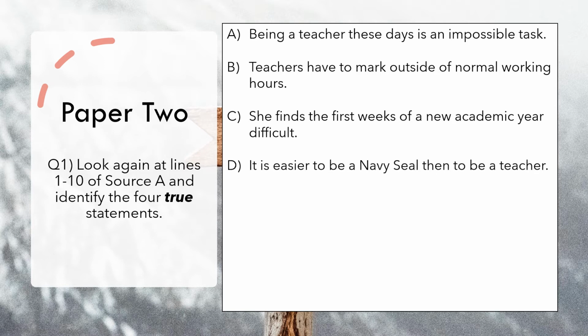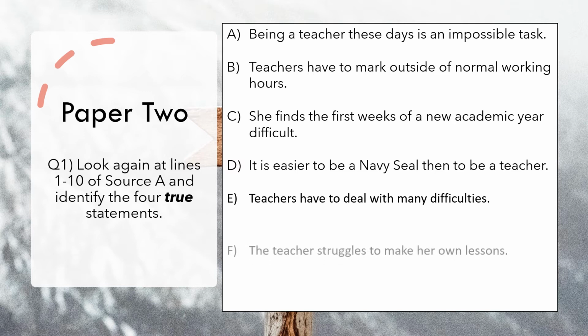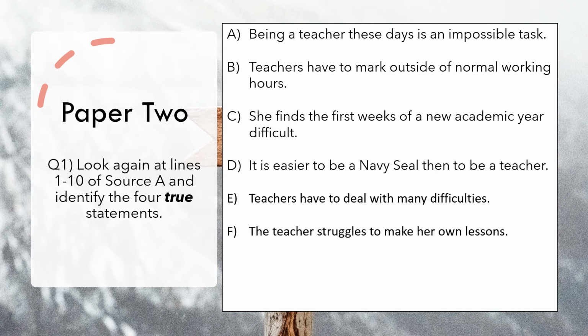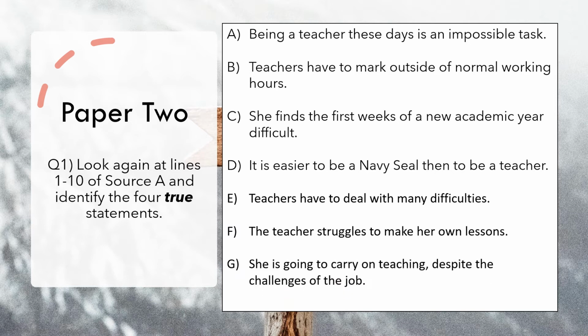D, it is easier to be a Navy SEAL than to be a teacher. E, teachers have to deal with many difficulties. F, the teacher struggles to make her own lessons. G, she is going to carry on teaching despite the challenges of the job.